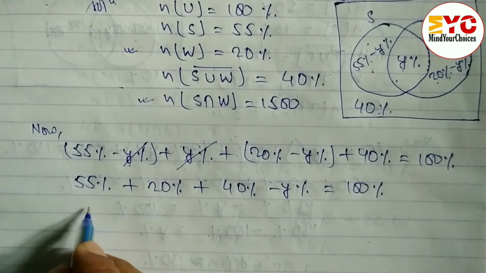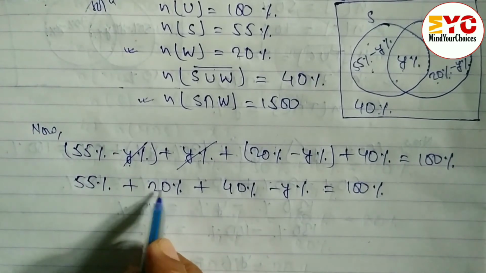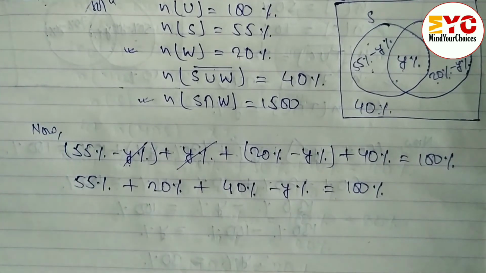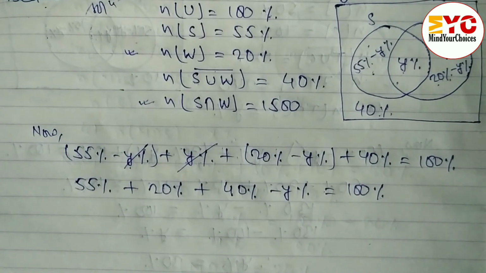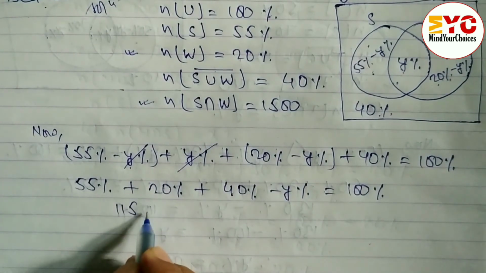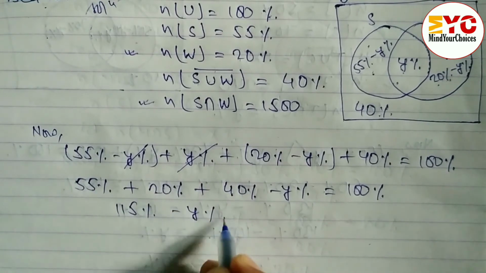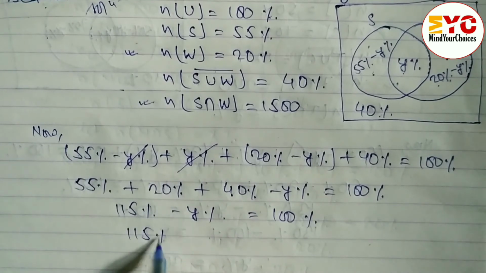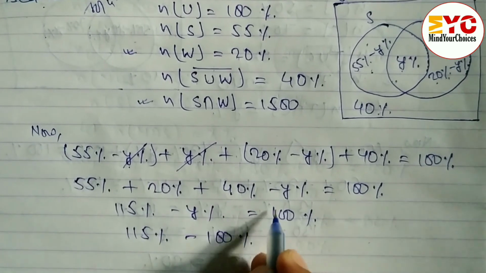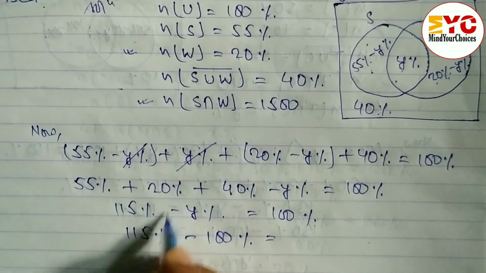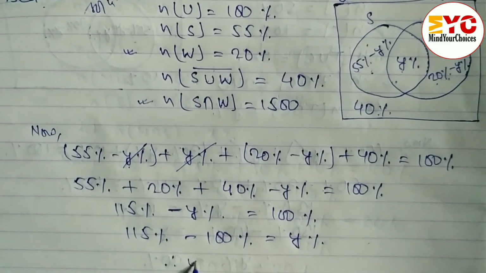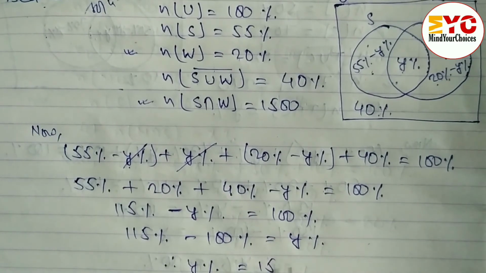Now we have to calculate this. 20 plus 40 is 60, 60 plus 55 is 115, so we can write 115% minus y percent is equal to 100%. Now we calculate 115% minus 100%. We take y to the other side because it is negative, and we always make it positive. Therefore y percent is equal to 15%.